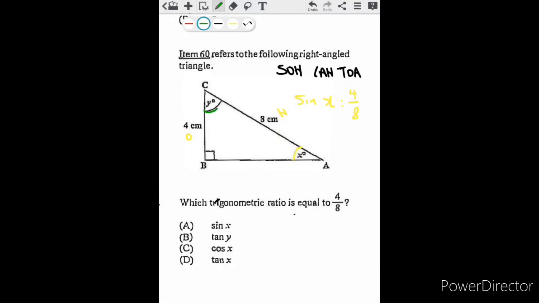And then if we'll be using Y, the 4 would be the adjacent and 8 will still be the hypotenuse because it's the longest side. And that would be cos Y, which is adjacent 4 over the hypotenuse 8. Sorry, cos Y, not cos X.